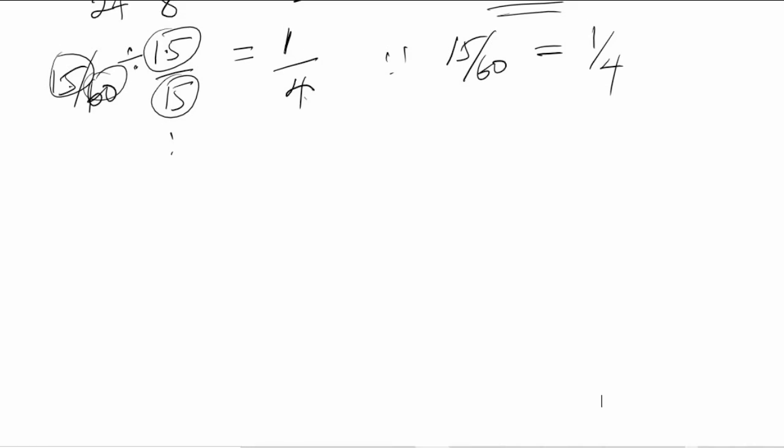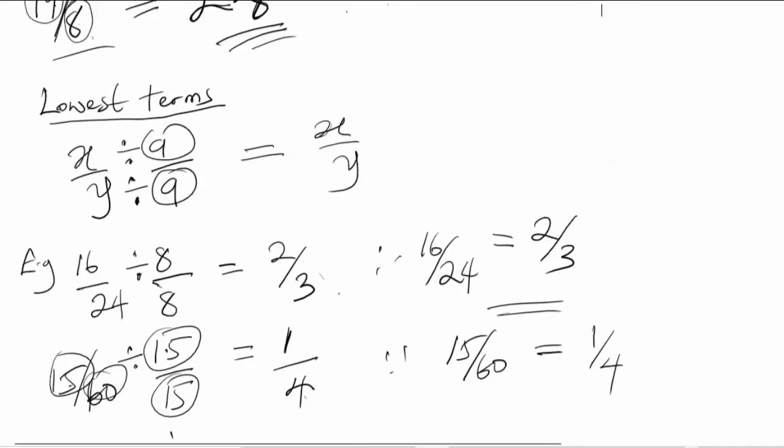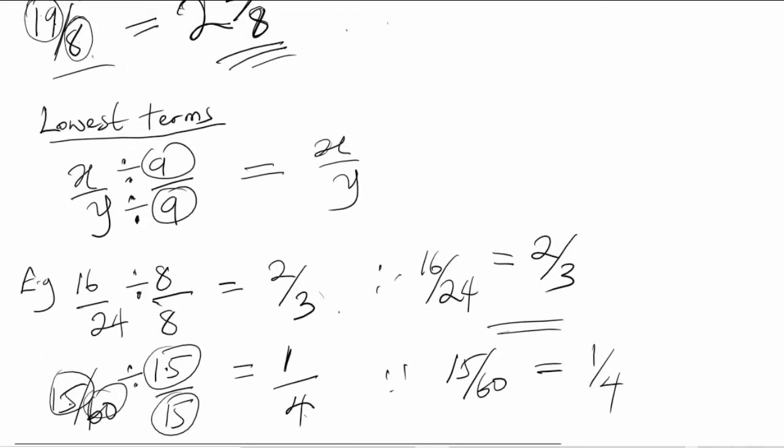When the numerator and the denominator have no common factor that can divide them both or reduce them further, then it is said that the fraction is in its lowest or simplest form.